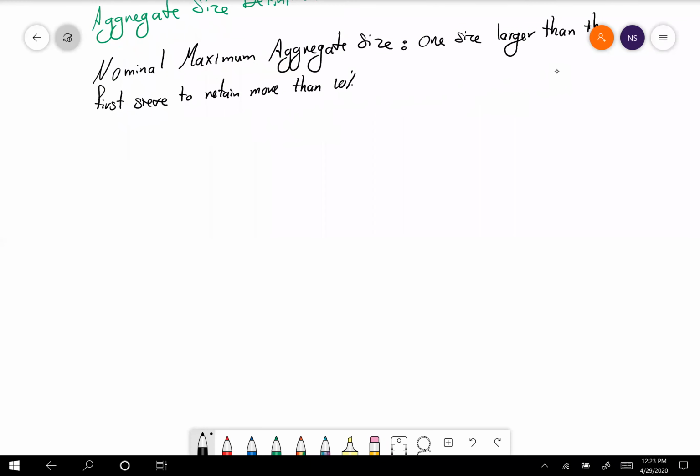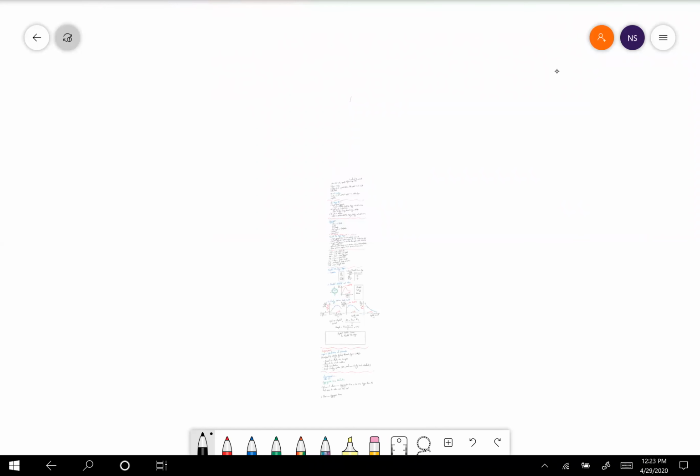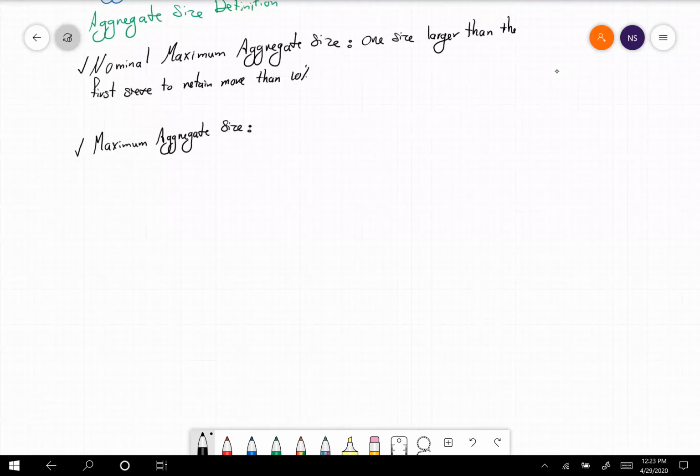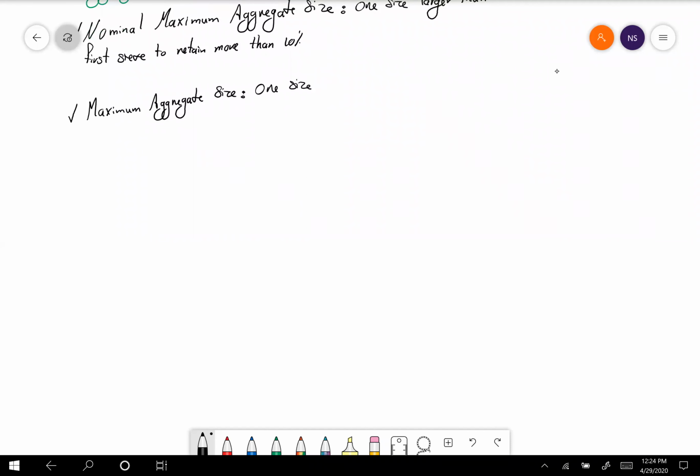So that was the nominal maximum aggregate size, and then we have a maximum aggregate size, which is one size larger than nominal maximum aggregate size.